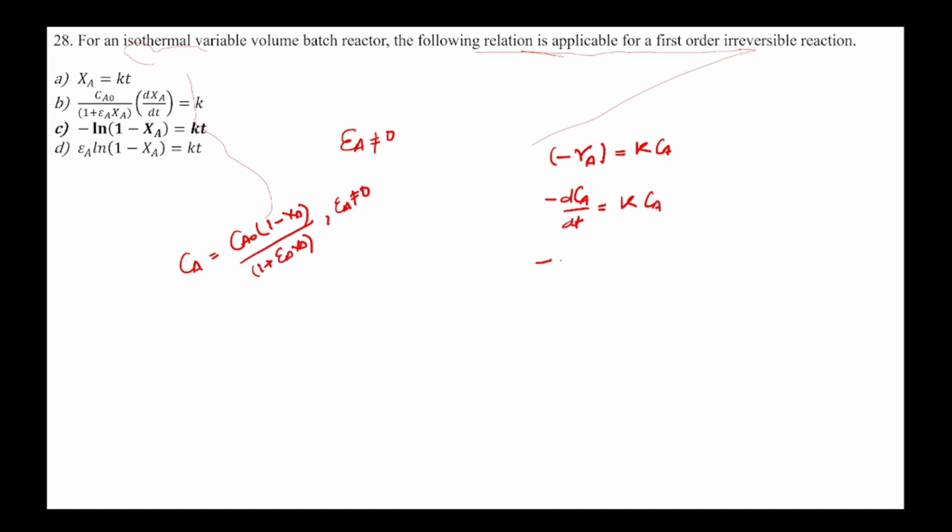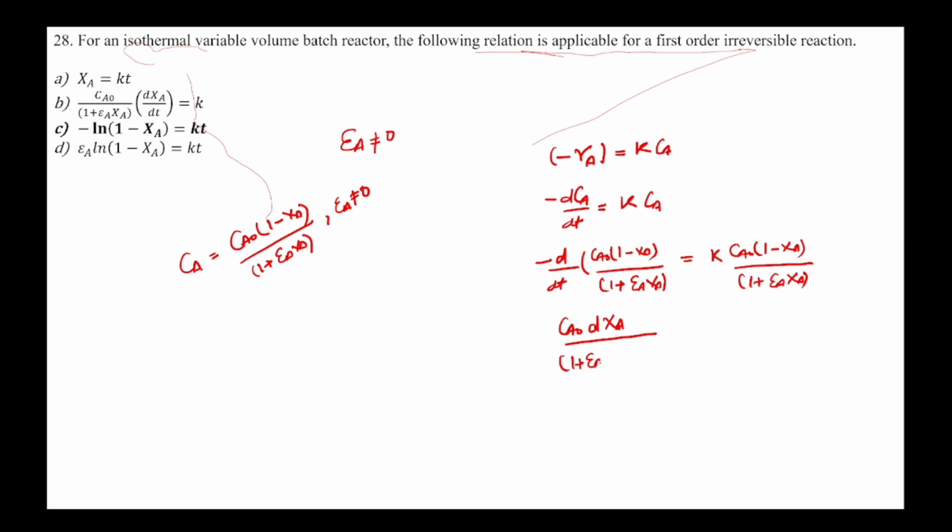Putting the value here, d by dt of CA naught (1 minus XA) upon (1 plus epsilon A XA) is equal to k CA naught (1 minus XA) upon (1 plus epsilon A XA). So CA naught will come out, the 1 will become 0, this will become dXA, minus and minus will become plus, upon (1 plus epsilon A XA) divided by dt is equal to k CA naught, and this will remain the same, (1 minus XA) upon (1 plus epsilon A XA).